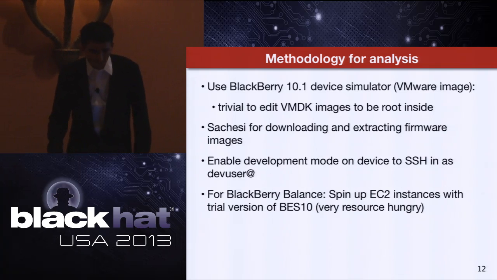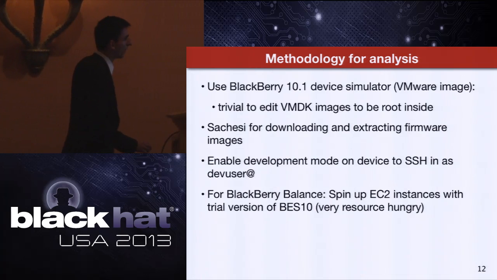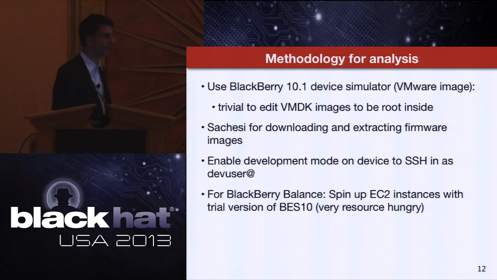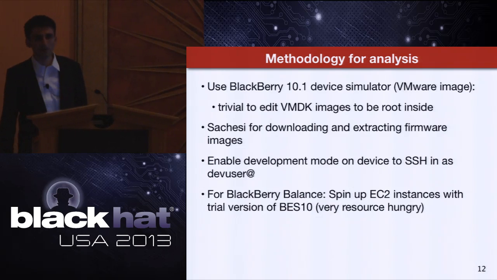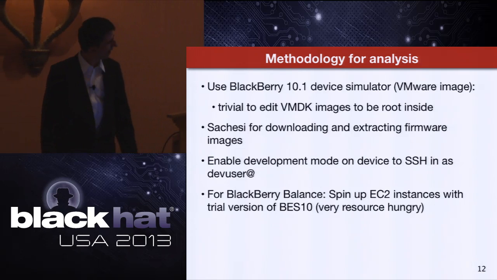Then there is, so this tool didn't exist when I started, but now there is a tool called Sachesi, I think that's how it's pronounced, by some Crackberry forum member, xSacha.